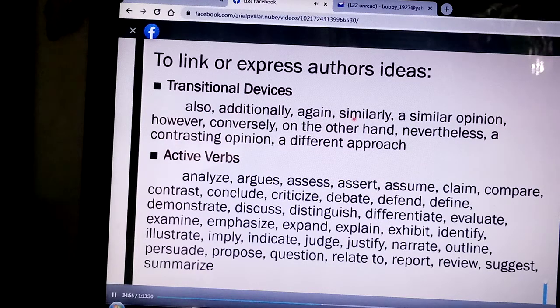Kaparehas lang ba rin sinasabi ng previous paragraph? Similarly, are you contradicting already yung isang paragraph mo, kino-contradict mo na with your next paragraph? You say, however. Basic na basic po ito na English lesson po on paragraph writing. So, you should know how to connect your paragraphs using the different transitional devices.